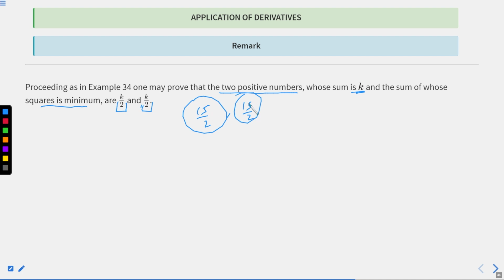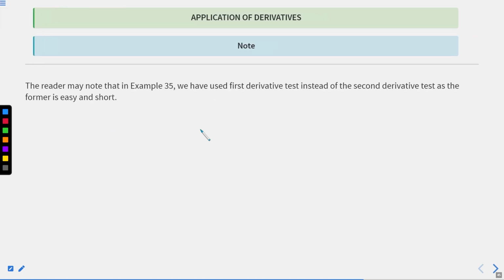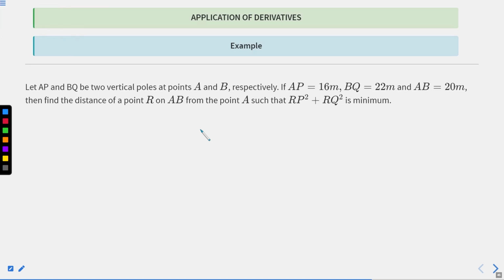I hope it is clear to you. We have just used the first derivative test instead of second derivative as it is easy and shorter. Okay, now let us move to another example.